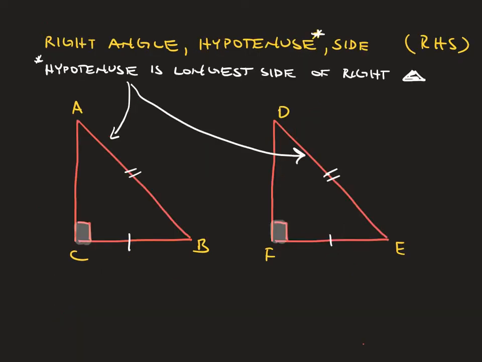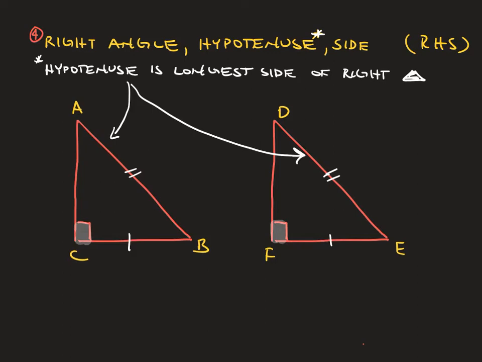The fourth condition for congruence, the last one that we need to learn, is when we have a right triangle, which you might have called a right-angled triangle when you were in primary school. And it's important that we learn an extra word here, a fancy word called hypotenuse. The hypotenuse is the longest side of a right triangle, and it's always the one that is opposite or across from the 90-degree angle.